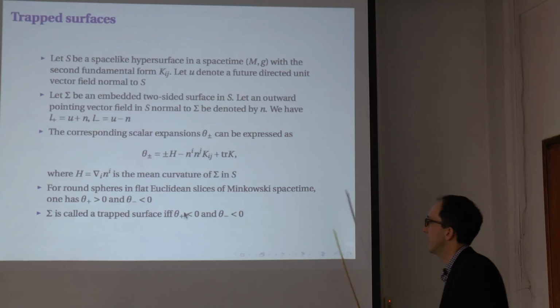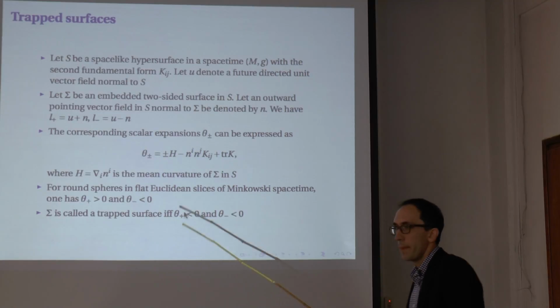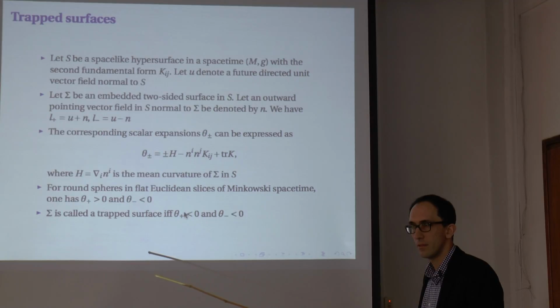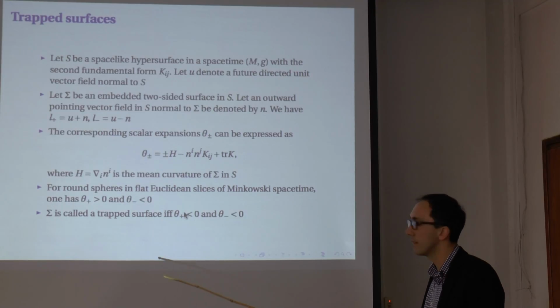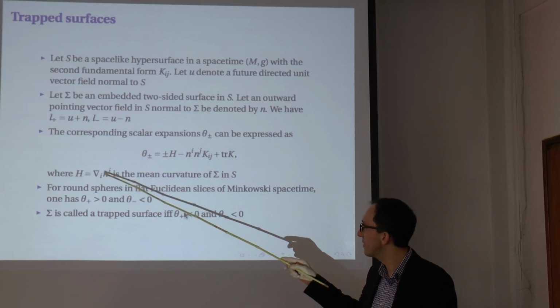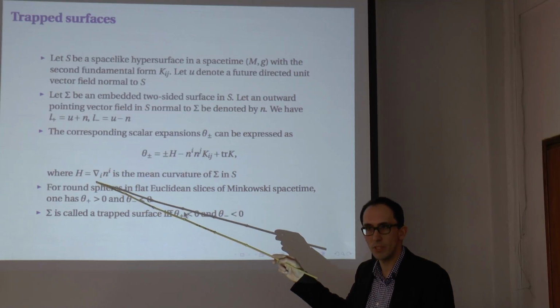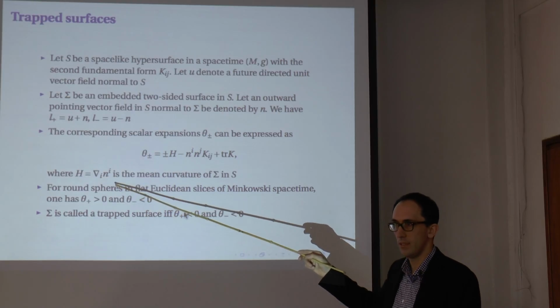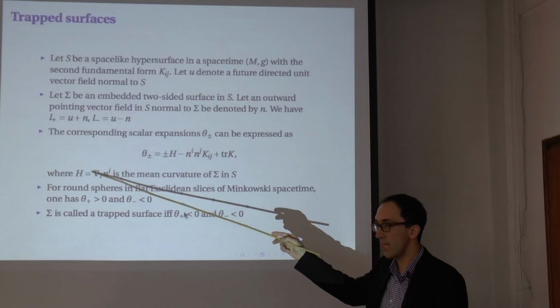And in the definition of H, the covariant derivative is a three-dimensional derivative. Yeah, exactly. This is what I just mentioned, that this covariant derivative is computed with respect to the metric in S. Three-dimensional. Exactly.